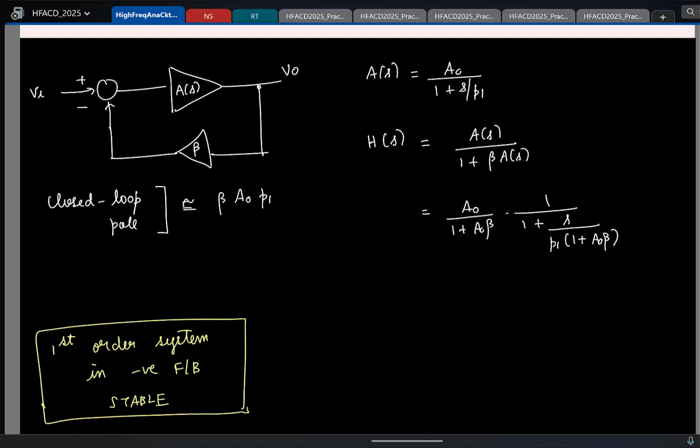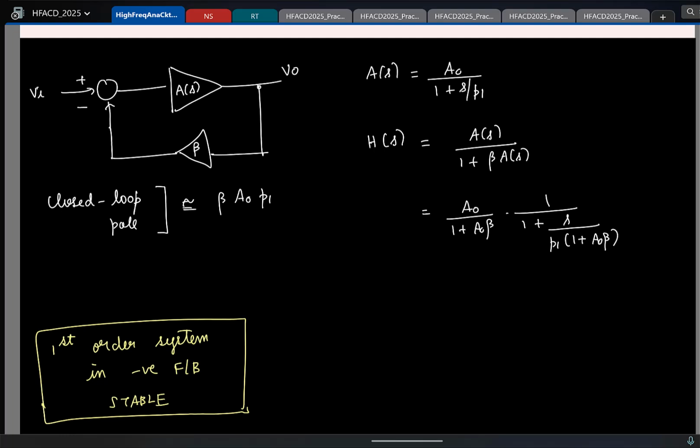Cool. Yeah, maybe I can write this also here. So here, what is the closed loop 3 dB bandwidth of the system? This is the closed loop transfer function. You have the transfer function here. What do you think is the 3 dB bandwidth of the system? Same thing, right?